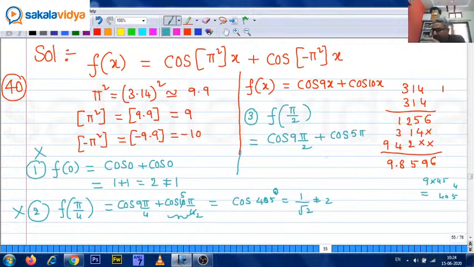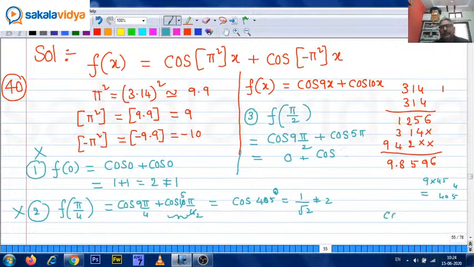Cos of an odd multiple of pi by 2 is 0, plus cos 5 pi.